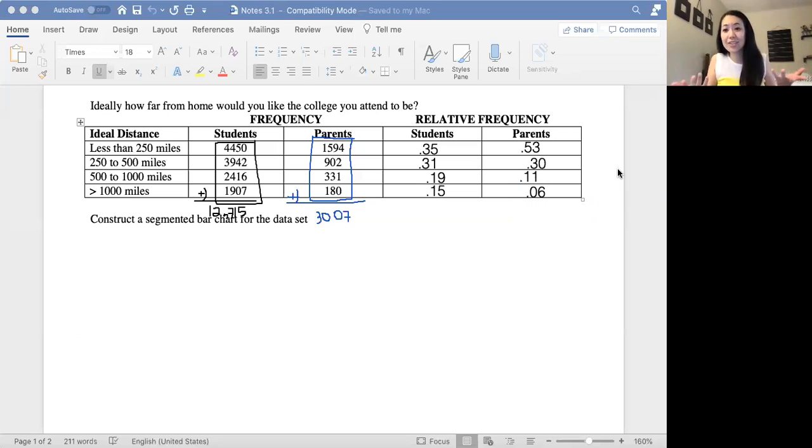Okay, so that is your step 1, find those percents. And now we can go ahead and graph. So take your straight edge and we're going to draw a y-axis and an x-axis. Give myself a little more room here.